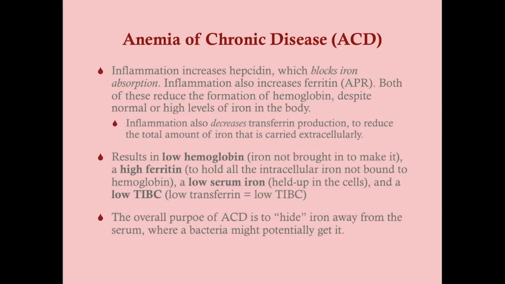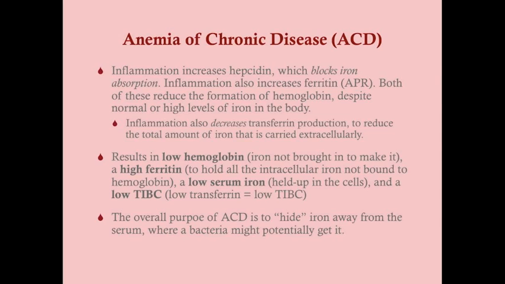Inflammation also increases ferritin. And what does ferritin do? Ferritin hogs iron from the red blood cells. So it's going to reduce the formation of hemoglobin, despite the fact that you may have normal or high levels of iron in the body.